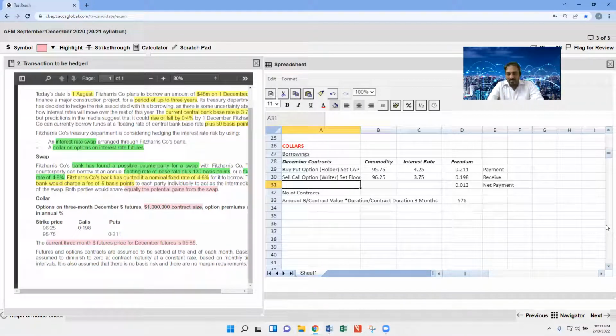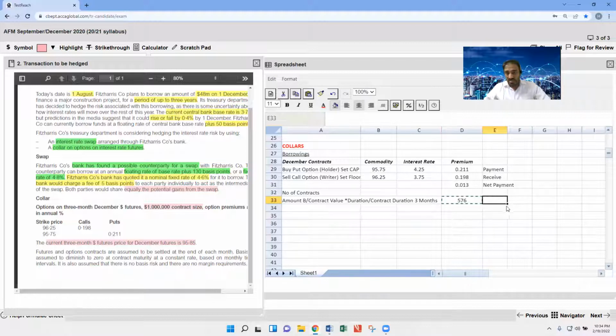Till now, you have done almost 40 to 50% part of the callers. That is the free marks. It's not 80 contracts, it's 576 contracts.